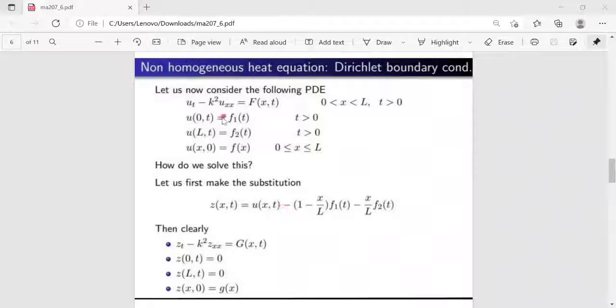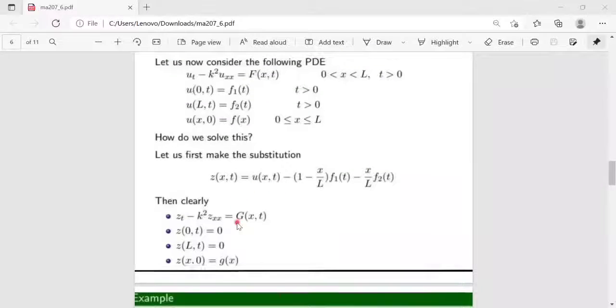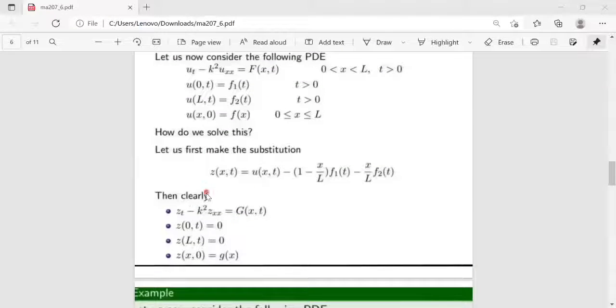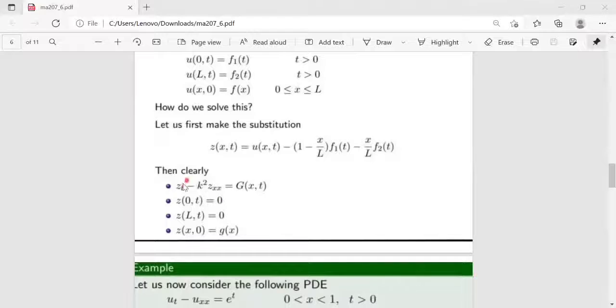Here in the boundary conditions these two are not zero, so we substitute this so that we can find z of x comma t, and afterwards we can find u of x comma t. Let's solve for z and then we can find u.